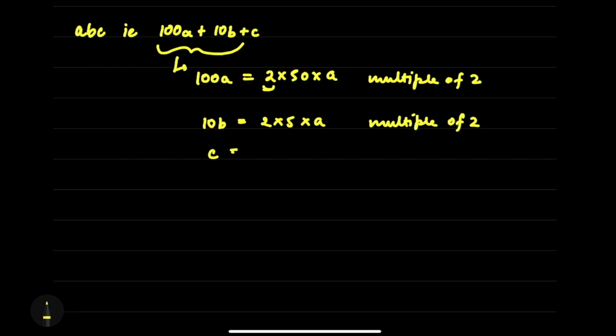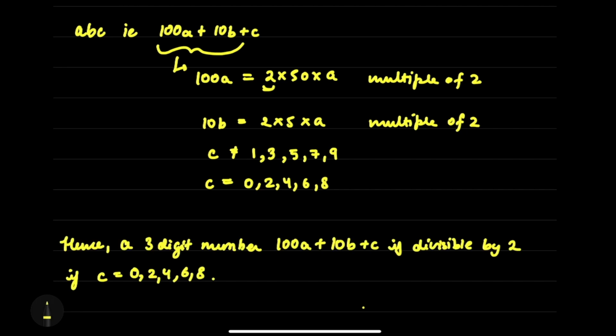And let's look at C. Similarly, as we did in the previous section, C would not be a multiple of 2 if it were 1, 3, 5, 7 or 9. It can only be when C is equal to 0, 2, 4, 6 and 8. So the 3-digit number 100A plus 10B plus C will only be divisible by 2 if C is equal to 0, 2, 4, 6 or 8.